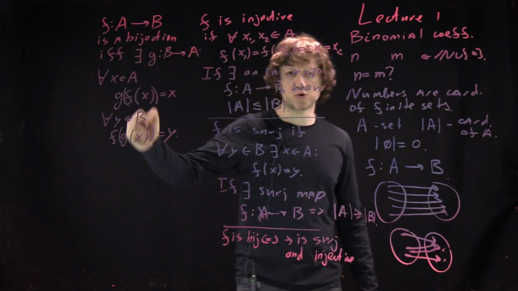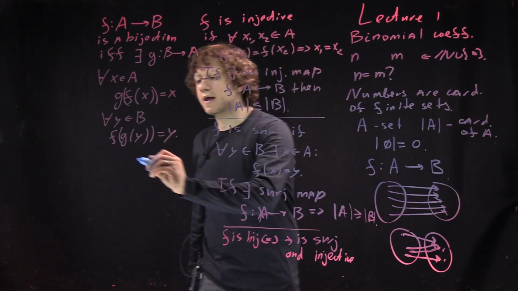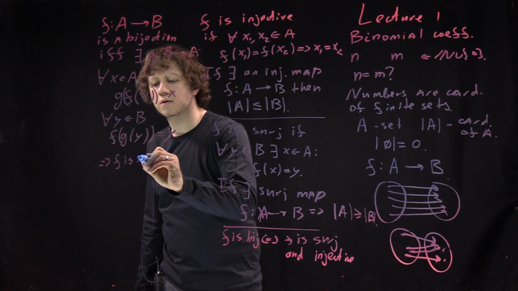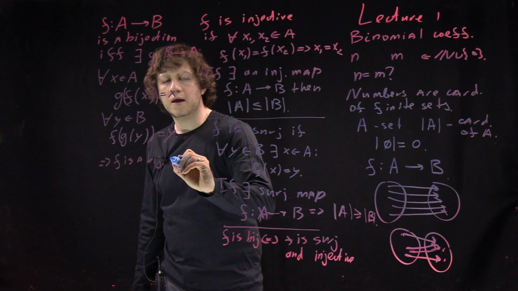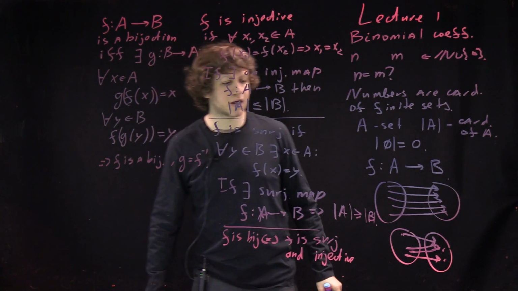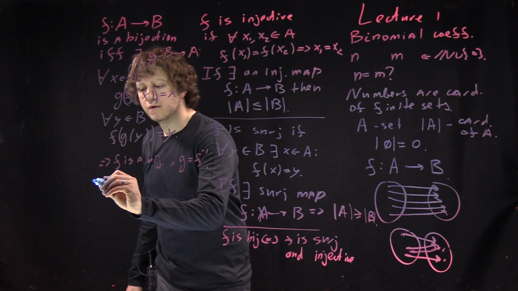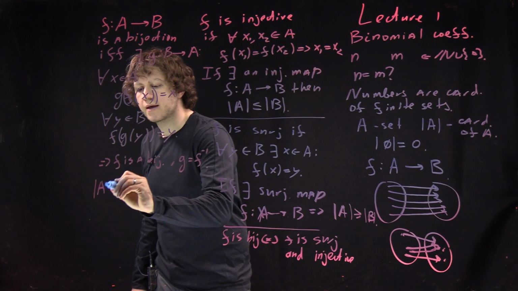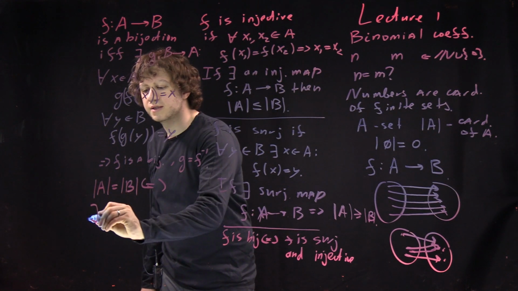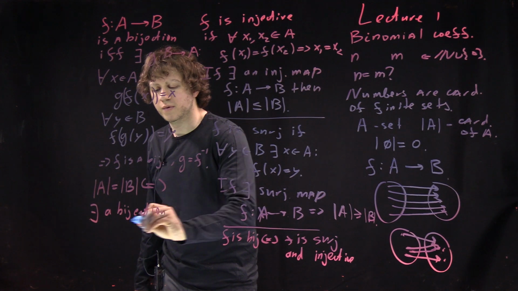So you need to check both of these facts, and it's not sufficient to check just one. And then, if this is true, then F is a bijection, and G is just denoted by F inverse. That's called the inverse map. So probably you know that very well. And of course, the cardinality of A equals the cardinality of B if and only if there exists a bijection between A and B.